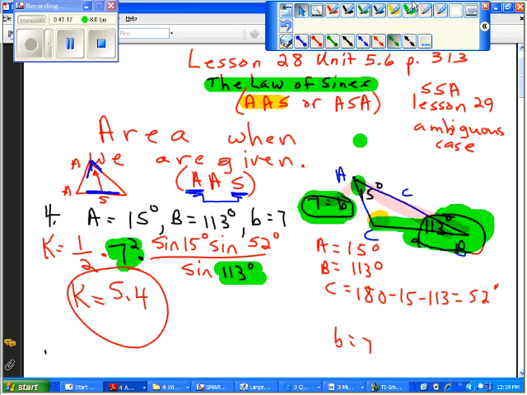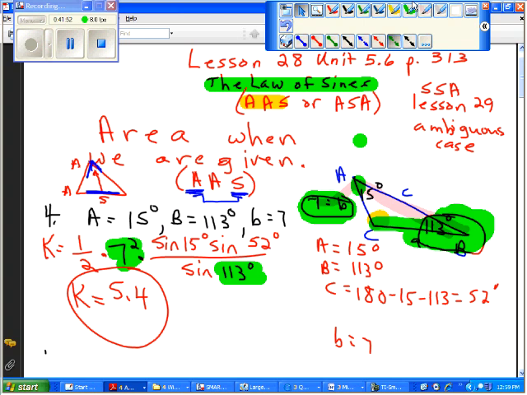To find missing parts of triangles when what you're given is in the order of angle, angle, side, or angle, side, angle, you use the law of sines, which says sine A over a equals sine B over b equals sine C over c. To find the area of a triangle when what you know is in the order of side, angle, side, you use the formula K equals 1/2 the product of the two sides times the sine of the angle.